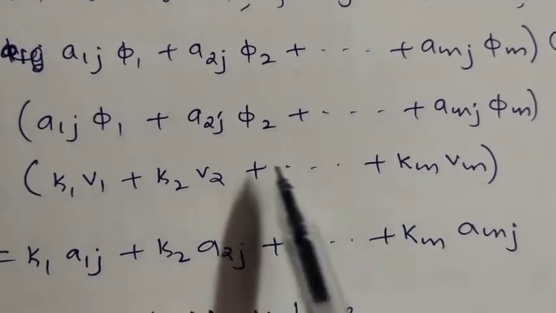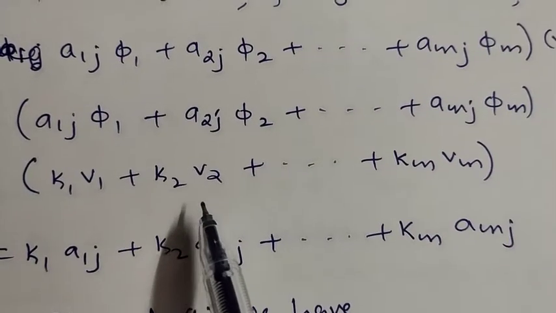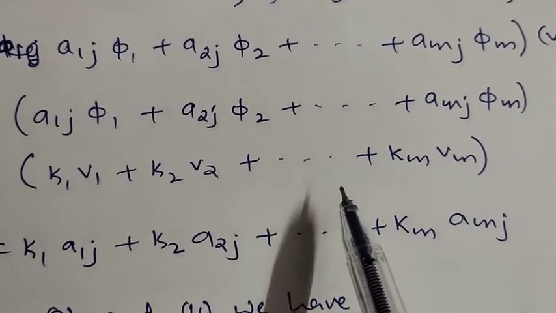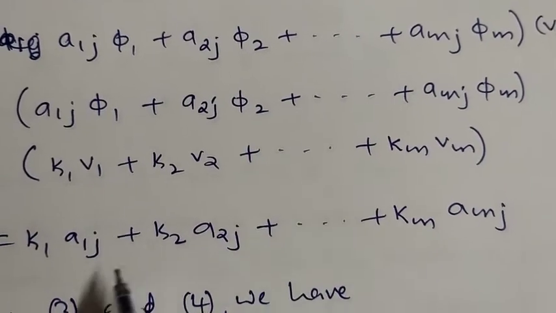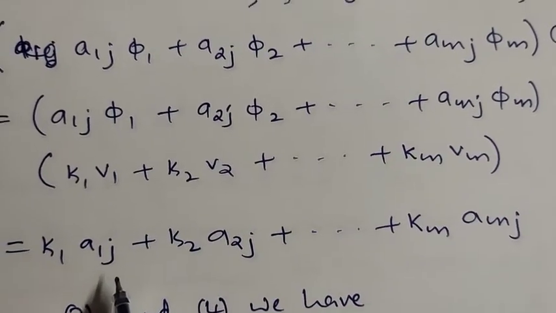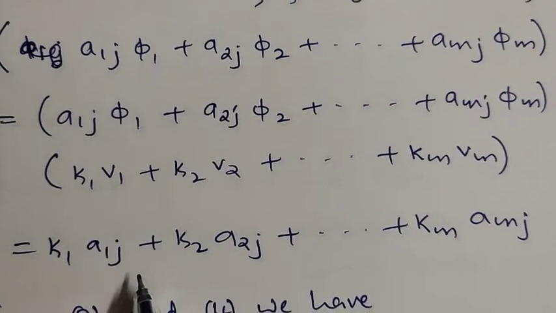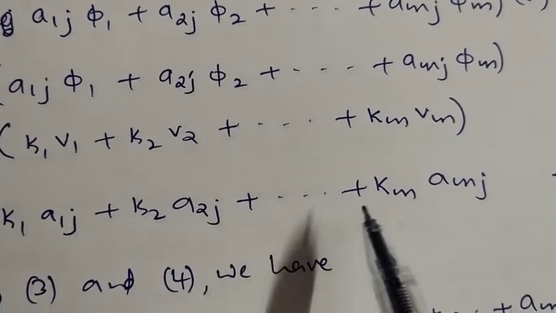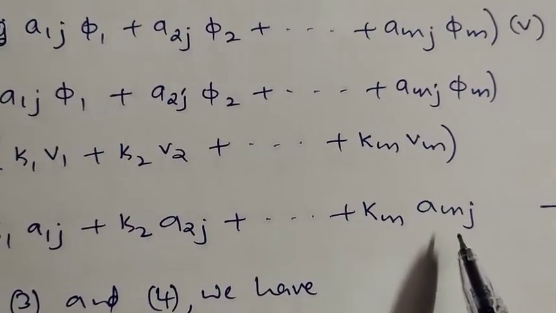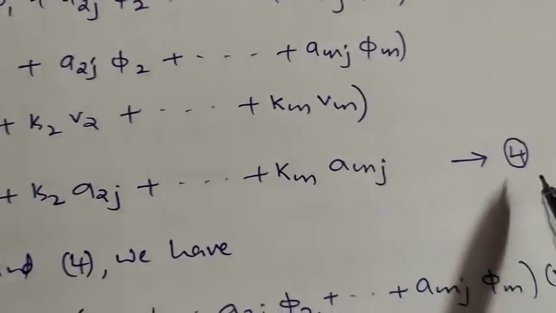You apply again: phi i of vj is 0 if i is not equal to j and 1 if i is equal to j. Accordingly this becomes k1 a1j plus k2 a2j etc. km amj. So we call this number 4.